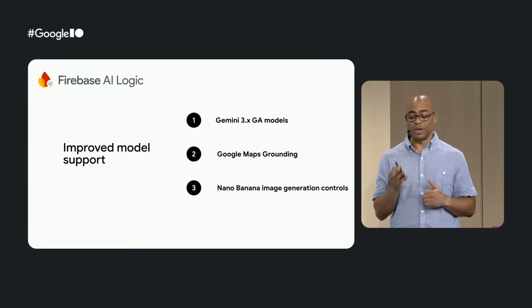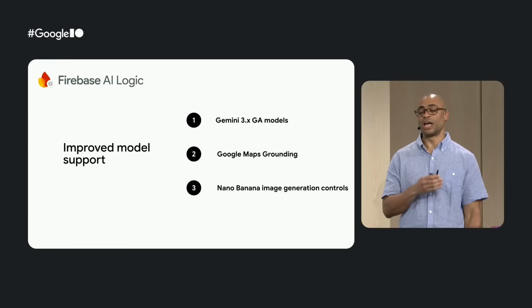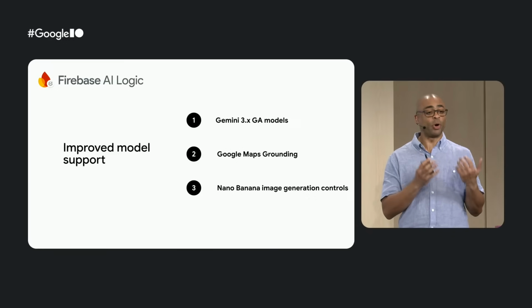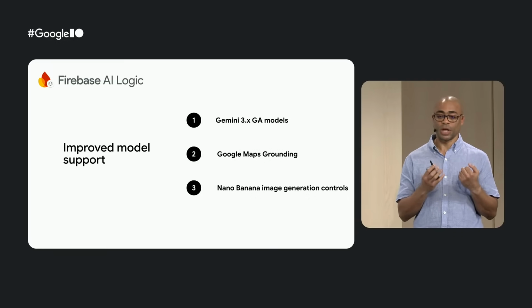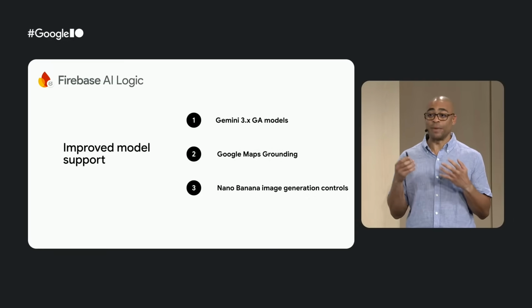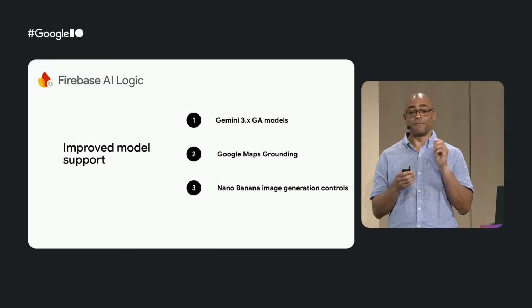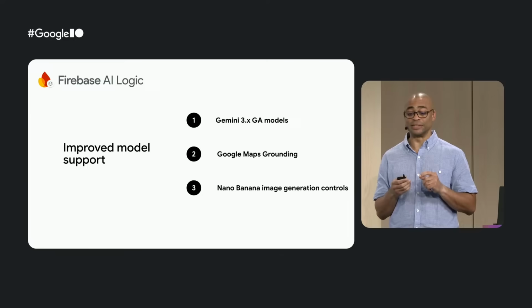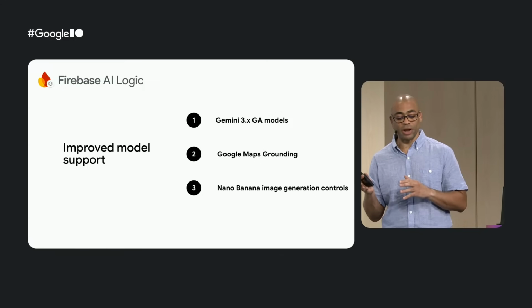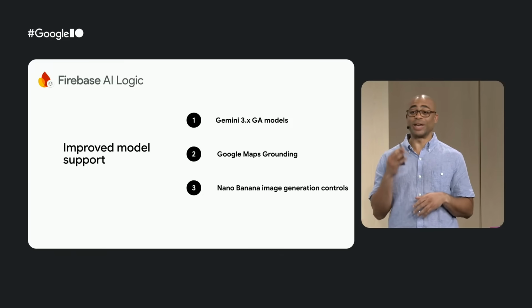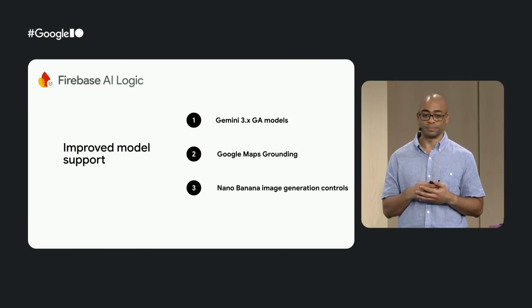Nano Banana image generation controls are also available from AI Logic. This brings programmatic control over aspect ratios and image sizes. We're also exposing finish reasons. So image generation, when it completes, whether it's a failure or a success, you can handle that within your app.